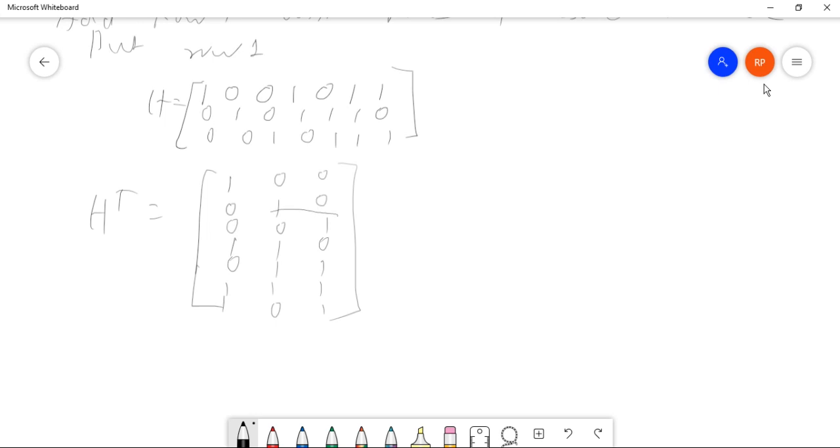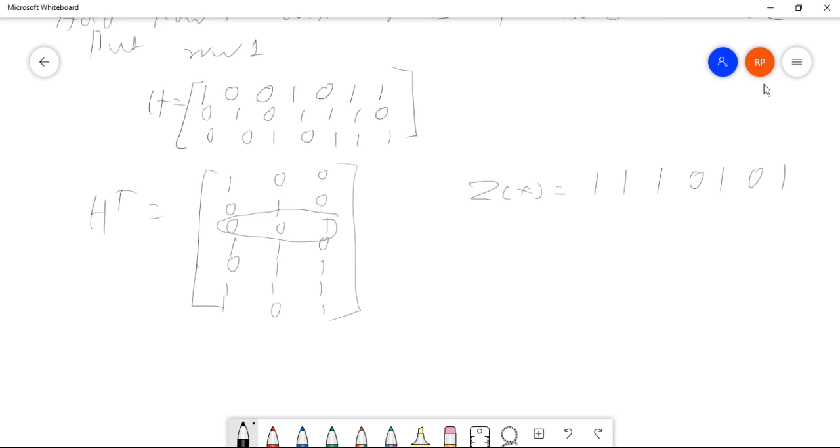001 is in the third row. Okay, so the received vector z of x, what was the value of z of x? The value of z of x was 111 0101. So now we have to change it, right?